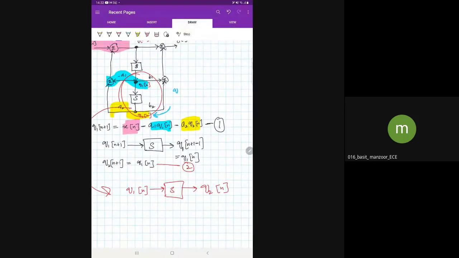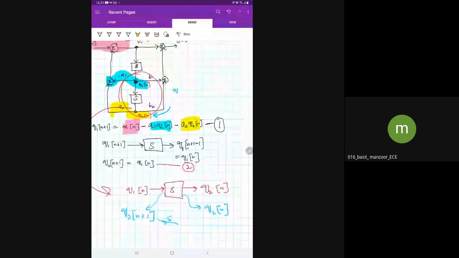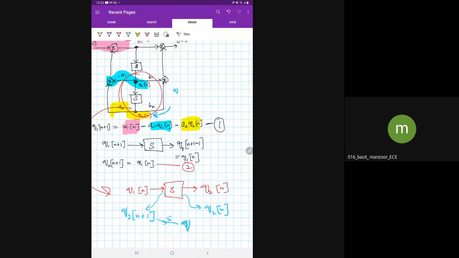Now see, we already know that this Q2 of n, when we shift it, should have become Q2 of n+1. Why should it have become that? Because when you go for a shift operation, it will become Q2 of n+1, and -1 will be added to it. Okay, so -1 and +1 will be cancelled, and that is how it will become Q2 of n.